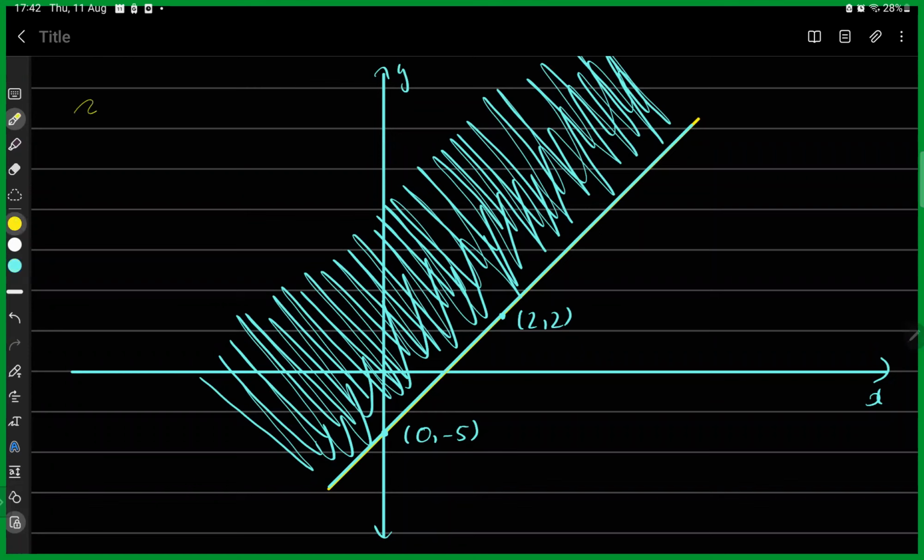Find the corresponding equation slash inequality. This is what you need to do.